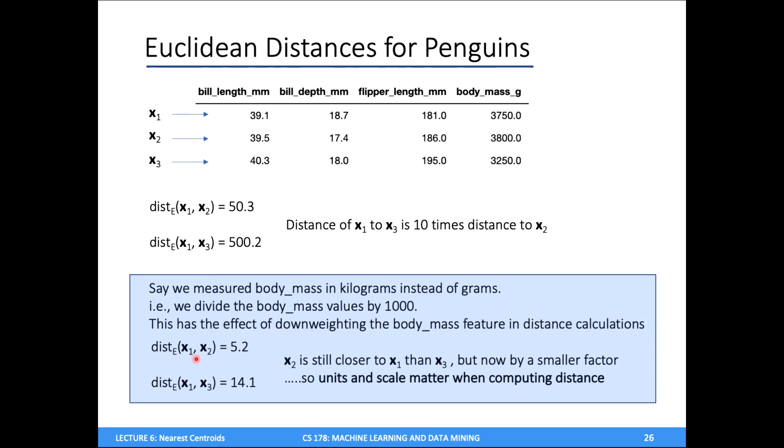So in this case, after changing the units of just the measurement in this column, the distance between x1 and x2 is about 5, and the distance between x1 and x3 is about 14. And so, even though x2 is still closer to x1 than x3 was, it's closer by a smaller factor. And so scale really has a significant effect when we're computing these distances.